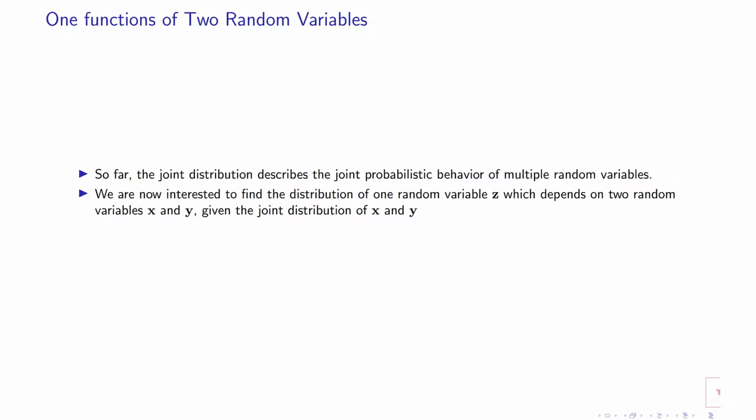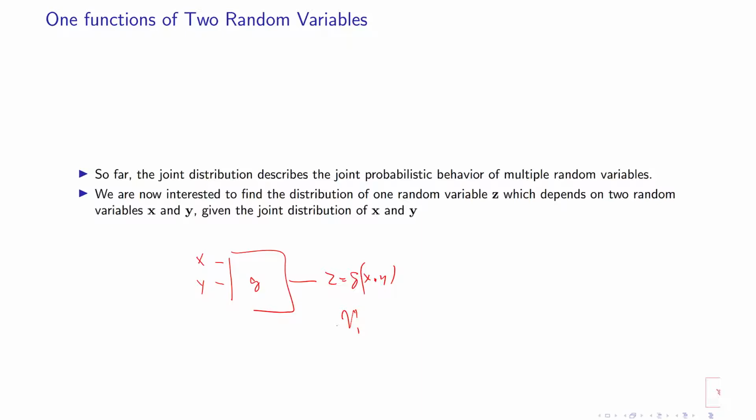So the problem is that if the distribution of x and y is given in one form or another, and we have another given function g, and z equals g of x and y, we want to know how to find the distribution of the output.